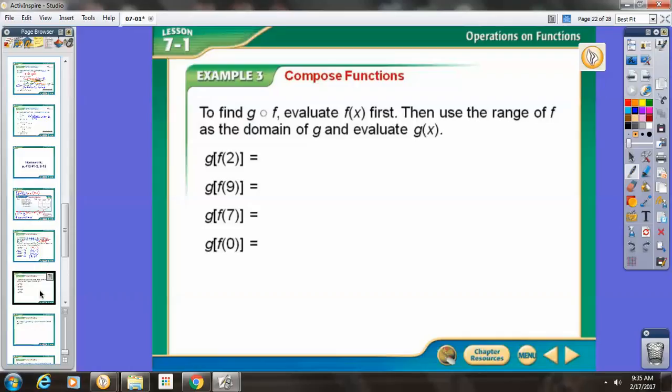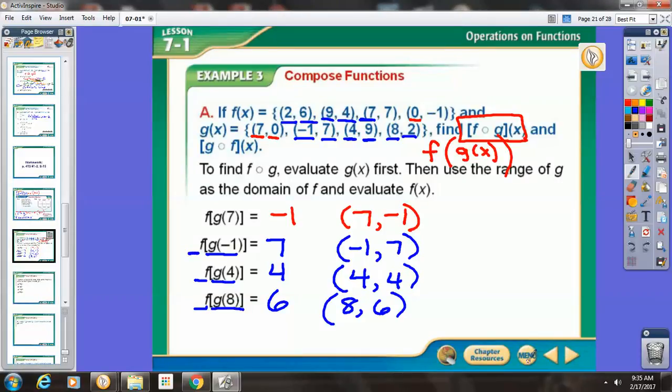Okay, so let's do G composite F. We're going to use this same function as a second ago. I'm going to use this slide again. This time, which function are we going to start with? The F function. I'm just going to go ordered pair by ordered pair. Let's start with 2. I'm going to put 2 in first. What am I going to get out when I put 2 in? 6.